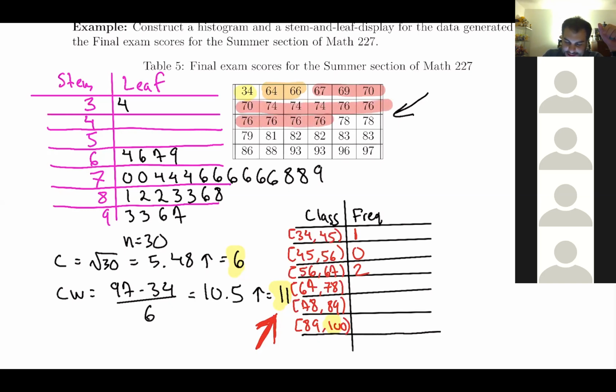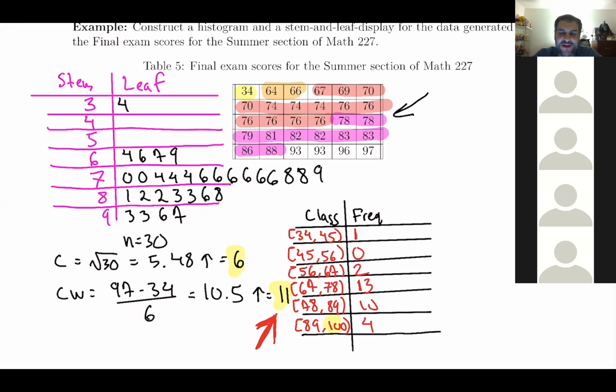Ooh, that's a lot. 9, 10, 11, 12, 13. So you get 13. Then you want to do 78 to 89. So 78 to 89 are all of those. If you actually count that out, that's 10. Perfect. And lastly, the last one should be 4. All right. So we have our frequency table.